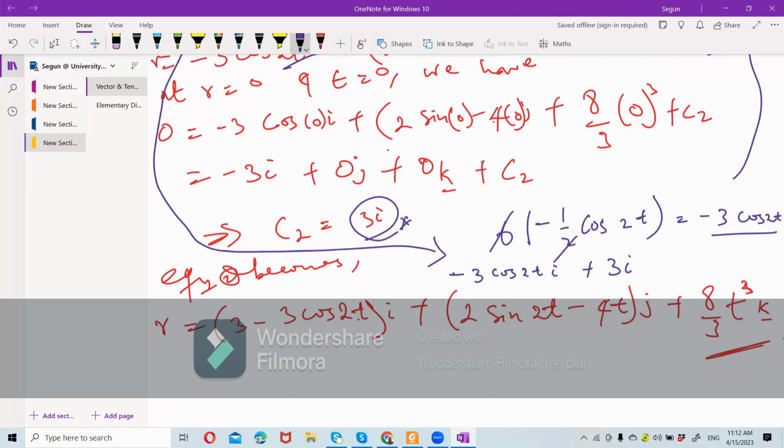If I write it this way, minus 3 cos 2t plus 3i is the same thing as when I bring the positive to the front, minus 3 cos 2t i. Any questions? No, sir. What I did is just to match all the components together. That's what I did.